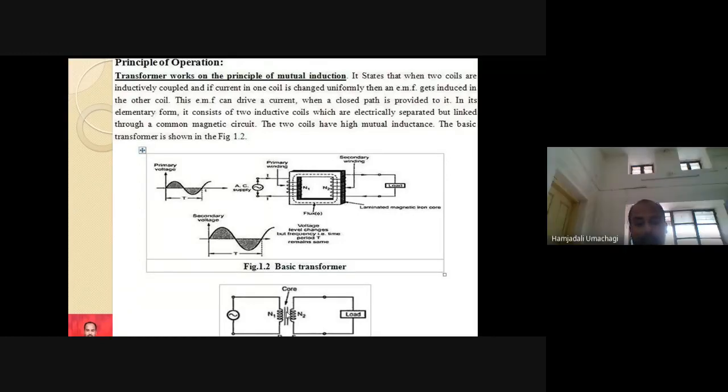That is the magnetic connection, meaning the core, which is common for both primary winding and secondary winding. Primary means N1, secondary means N2, the number of turns on the primary side. P means primary, S means secondary. Then at the secondary side, we are going to connect the load over here.